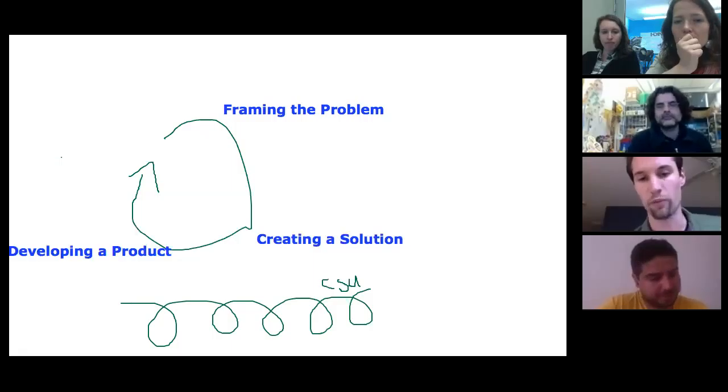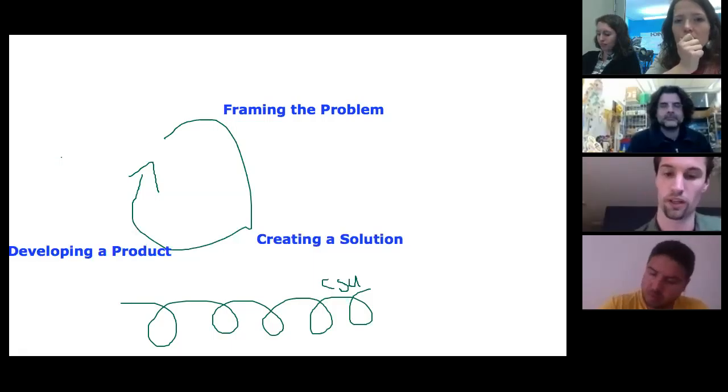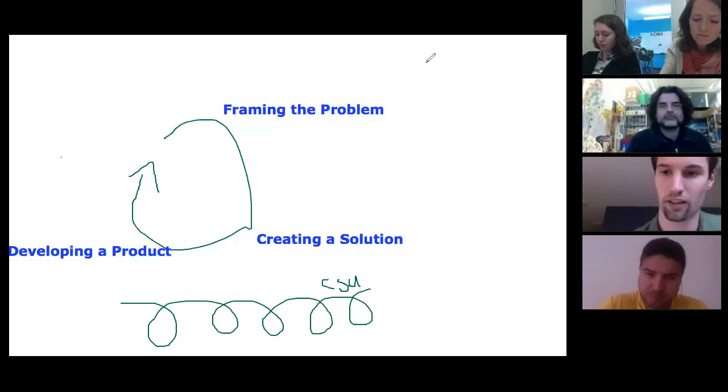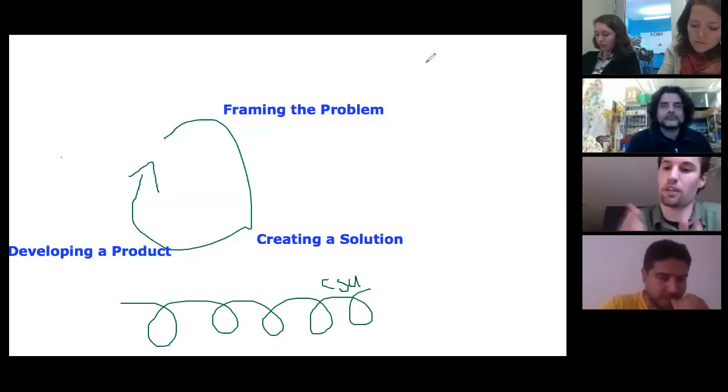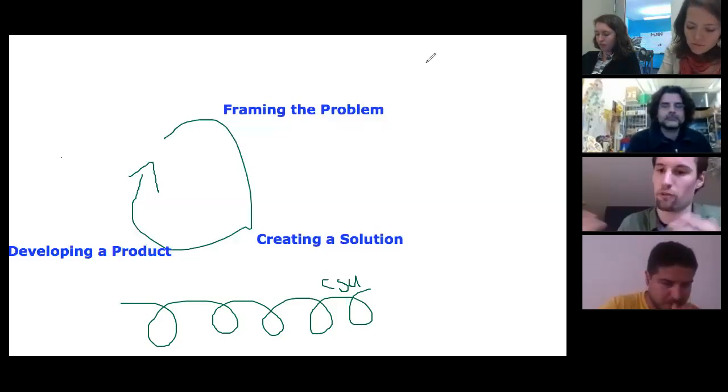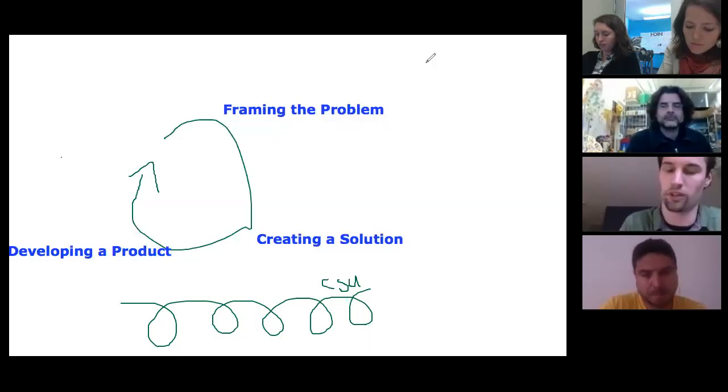When we frame the problem, doing especially customer personas, so really understanding not just end users, but who the customers would be. And that means the person that buys the product. And sometimes there's different layers of customers, so a customer value chain. So you might have different customers who are important, and you'd have personas for all of them.